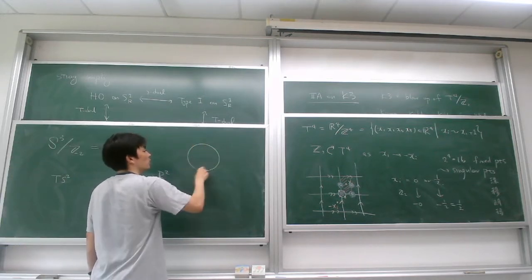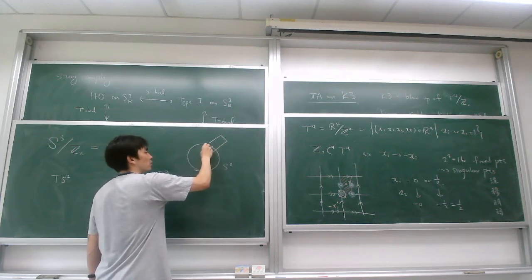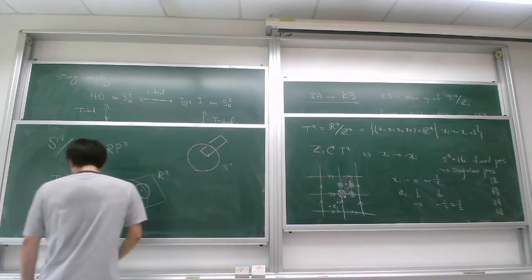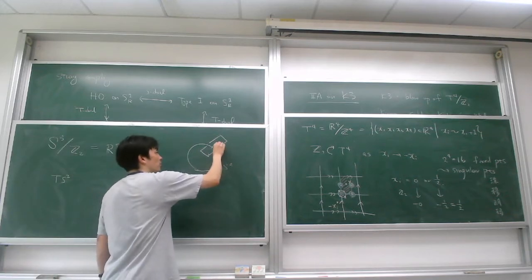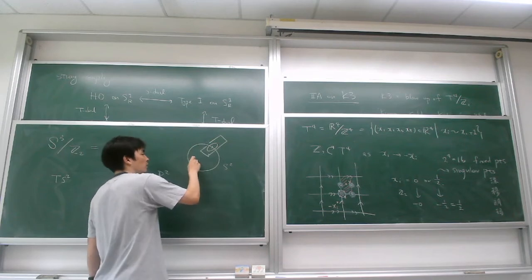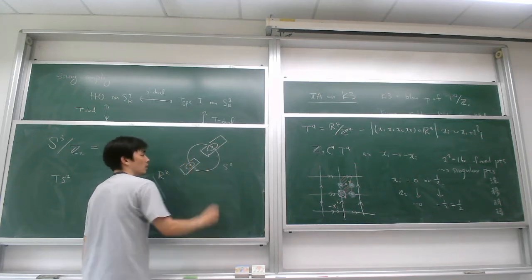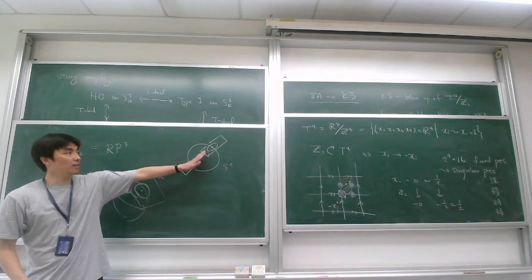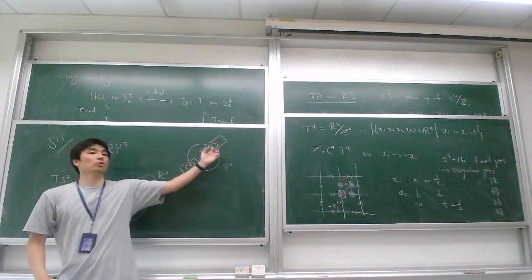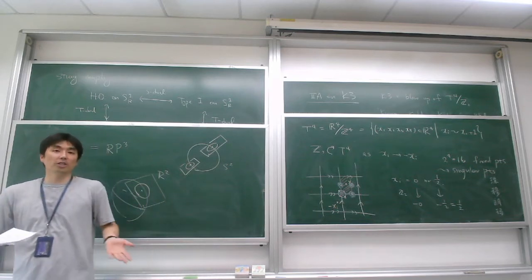You have S2, and at each point you have a fiber, and then you just collect the unit circle, and it moves around. The circle is a one-dimensional object and S2 is a two-dimensional object, so it becomes a three-dimensional object.